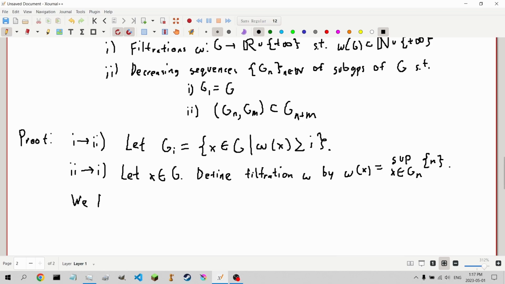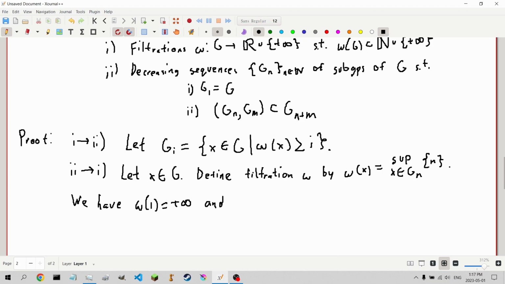Now, obviously every subgroup of a group G has to have the same identity, so we have that omega of 1 equals positive infinity.